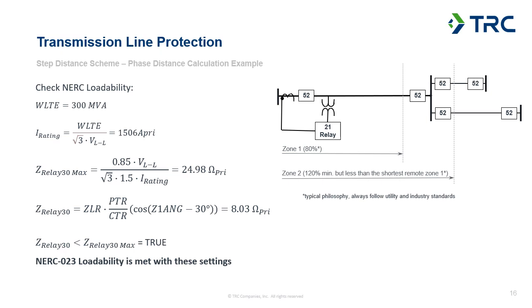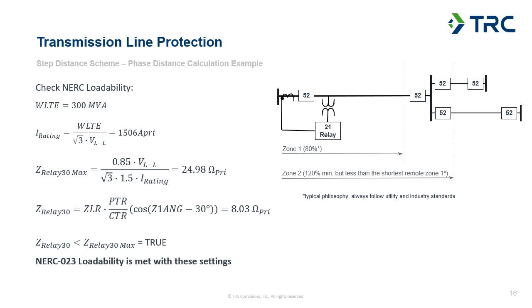And then lastly, we need to compare that value, the maximum allowable relay reach, to what a relay is actually reaching at the 30-degree loadability criteria. So we'll use that relay loadability or element loadability calculation, where we use the line angle or the max torque angle and then the angle of interest, in this case 30 degrees, to calculate the relay's reach at 30 degrees based on its worst case or largest protection tripping element.